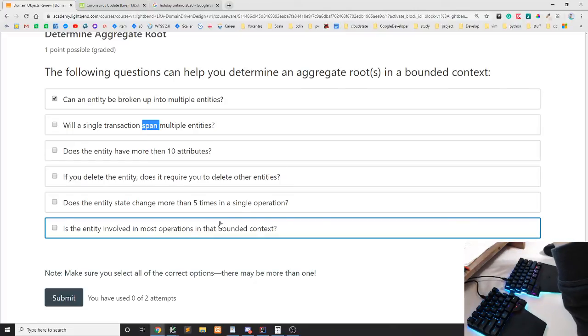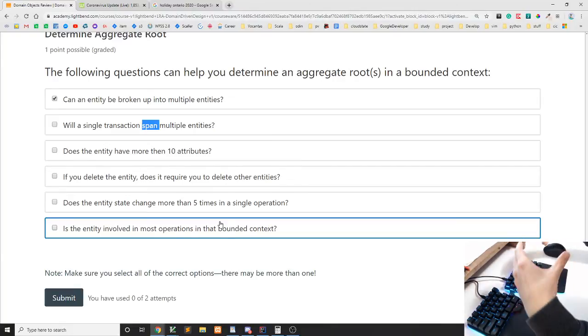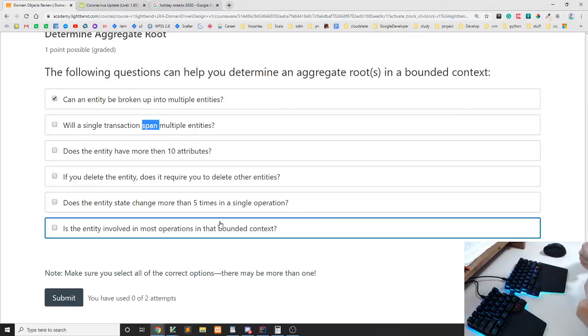Even though I'm trying to change the transaction, it should be passed through the bank account, because I'm in this domain and this is the aggregate root, so all the entities I'm trying to approach are part of the aggregate, and the aggregate root in this case is the bank account. So yeah, is the entity involved in most operations in that bounded context?